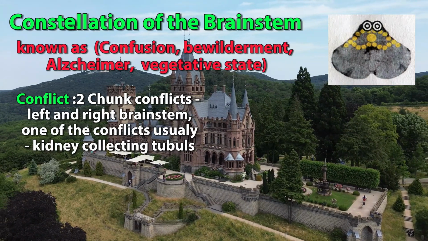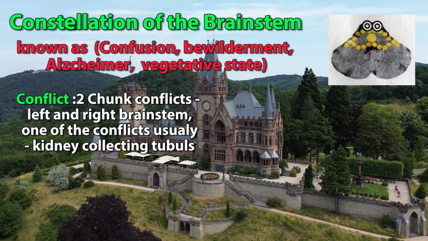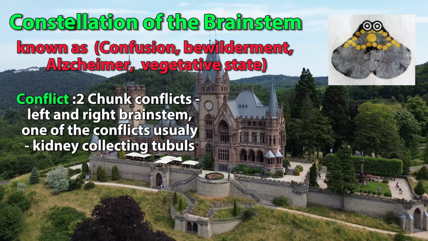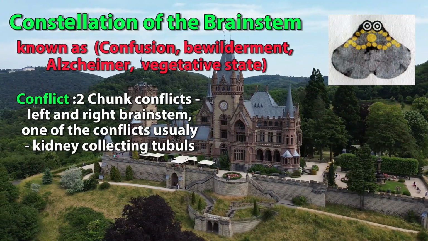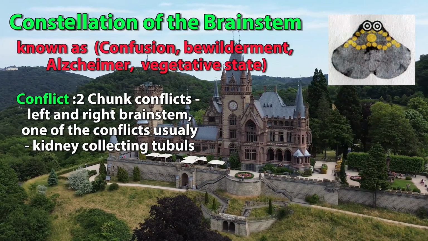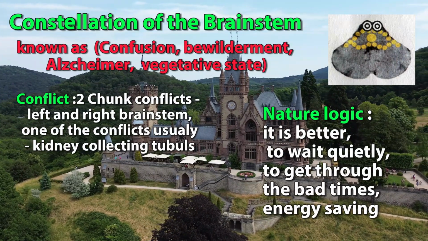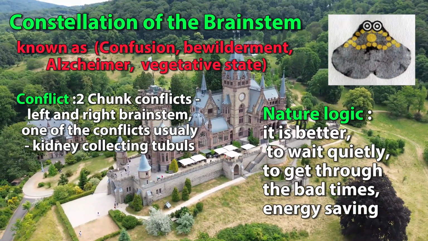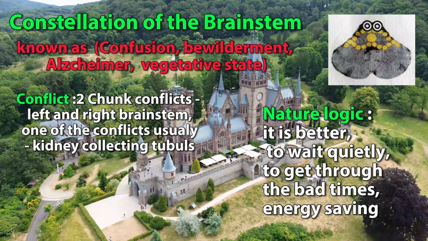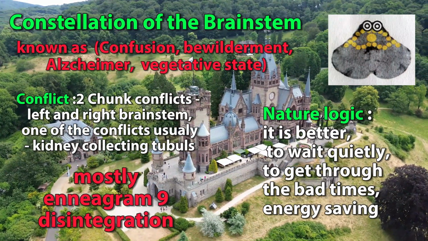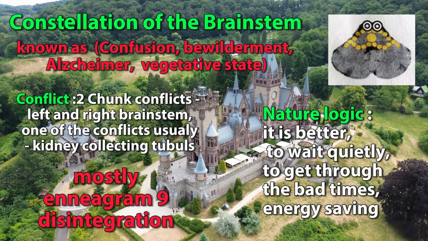Frozen, spatially and temporally disoriented, reactive, persisting, apathetic, lethargic, forgetful, unable to make decisions. Nature's logic: it is better to wait quietly, to get through the bad times, energy saving. Most characteristic for the Enneagram mind disintegration.